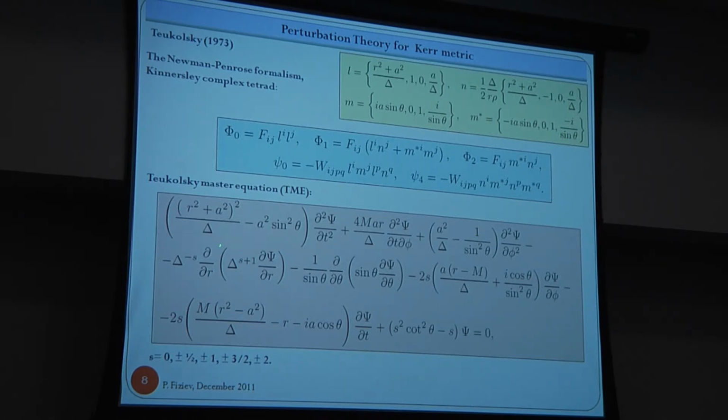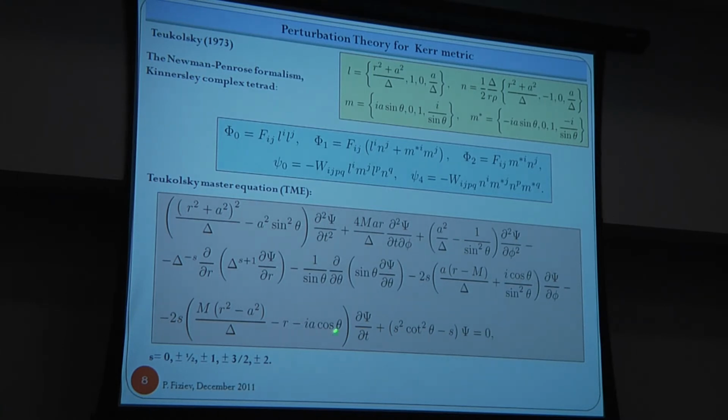So if you are interested only in the spectrum, you can consider only the first case, which is useful. For perturbations of Kerr metric, we have to consider Teukolsky approach, using Newman-Penrose formalism and Kinnersley tetrads, which are shown here. Using this formalism, Teukolsky was able to derive the so-called Teukolsky master equation, which describes the first-order perturbations of Kerr metric for different spins.